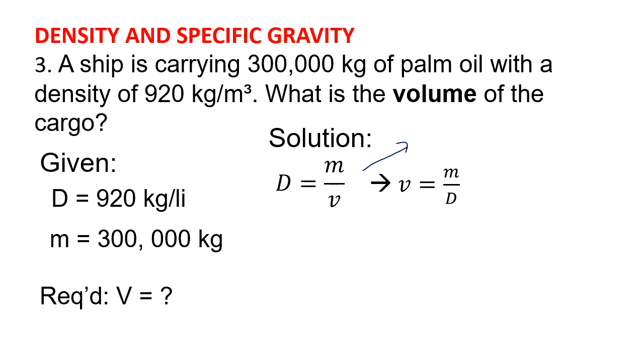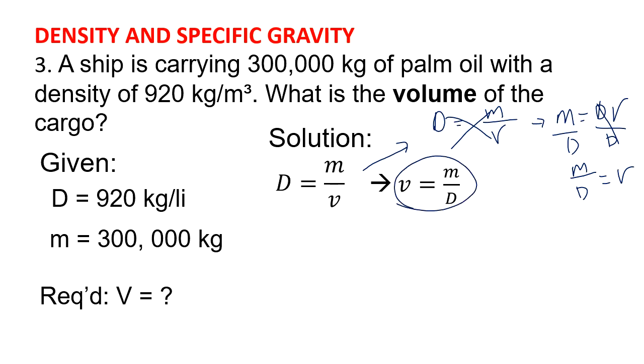We do that by D equals M over V, cross multiply. We get M equals D times V. So we divide both sides by D. Then we get M over D equals V, or V equals M over D.